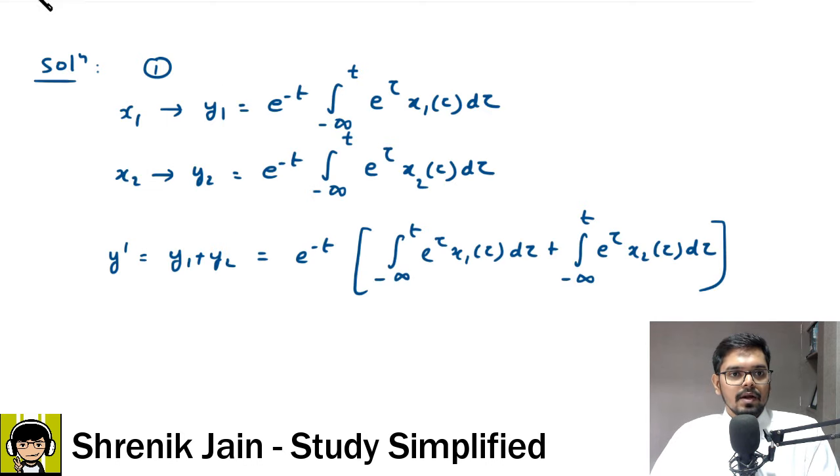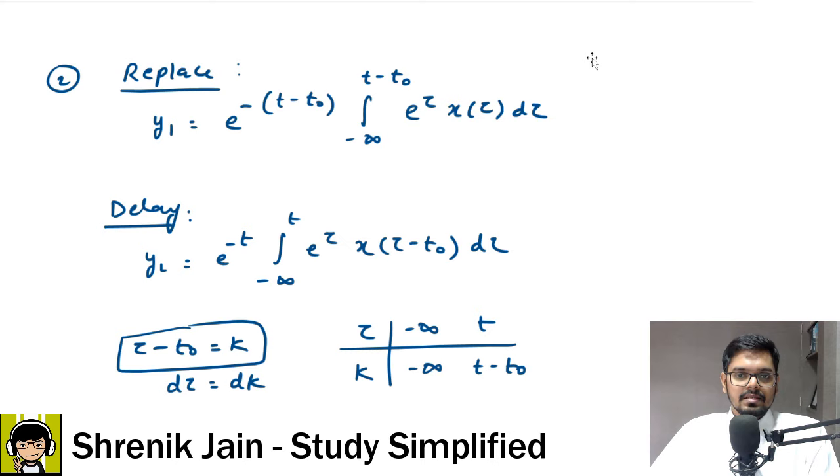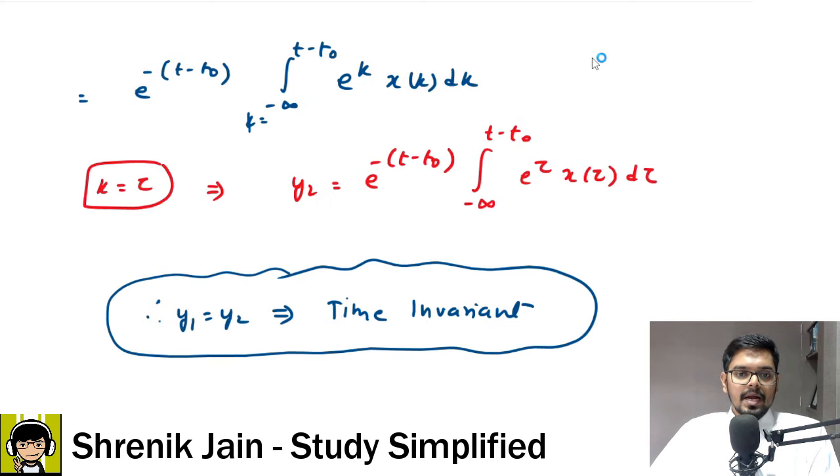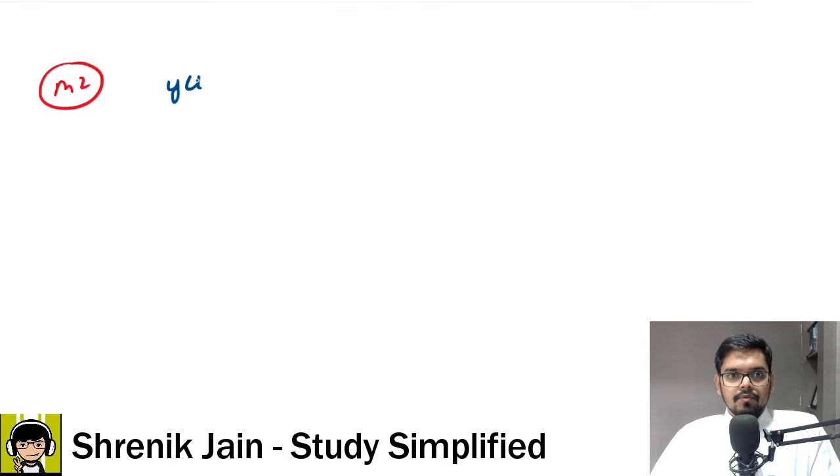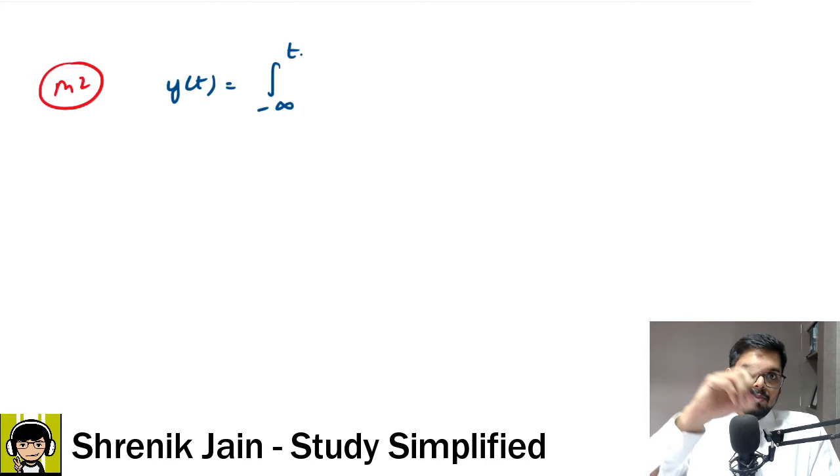But this is method 1 to get the answer, and I know a lot of students will say, sir, this is a topper's question, very tough, see how much time it requires because of all the calculation. You might think in that way, but I do not, because I know I can solve this question in one line because I have method 2. Our question was y of t is equal to the integral from minus infinity to t, e to the power minus t was outside.